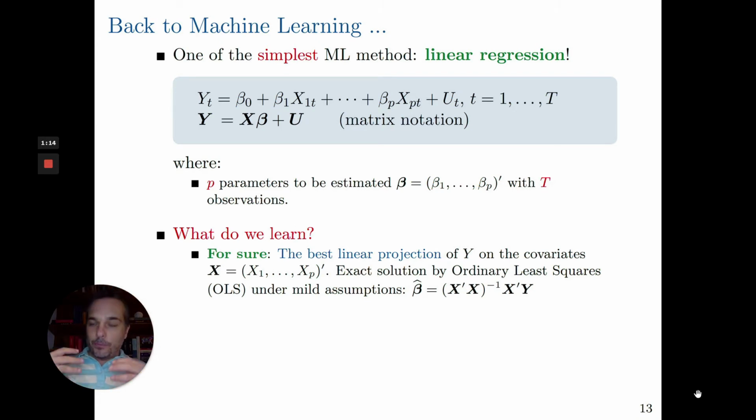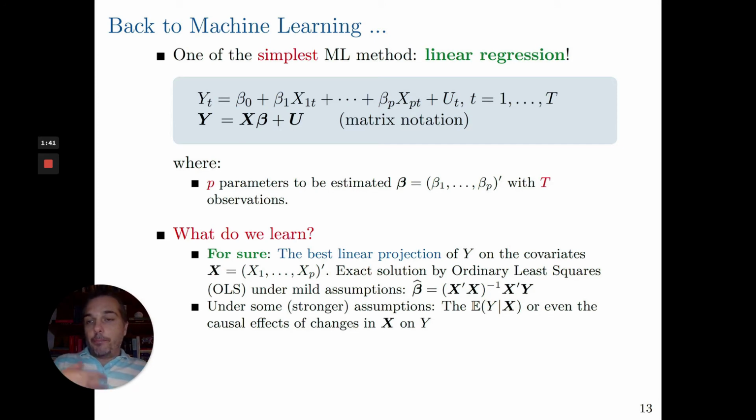Now you use the same kind of proof technique, but using a linear model and not the conditional expectation. So the best linear approximation for the conditional expectation is given by OLS, and this is the estimator of beta.